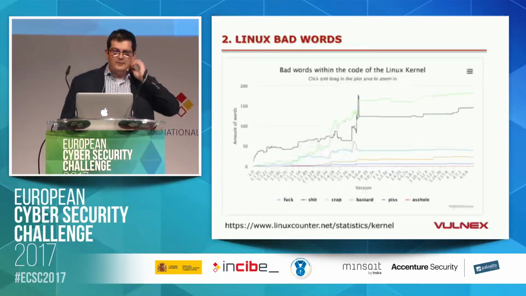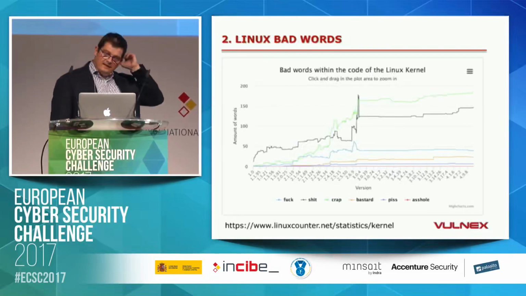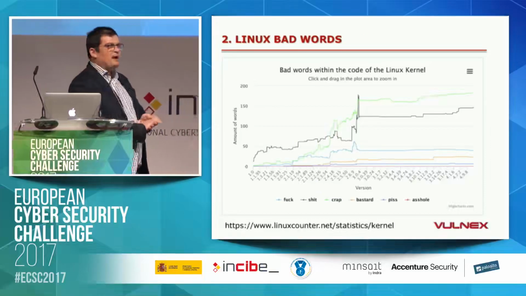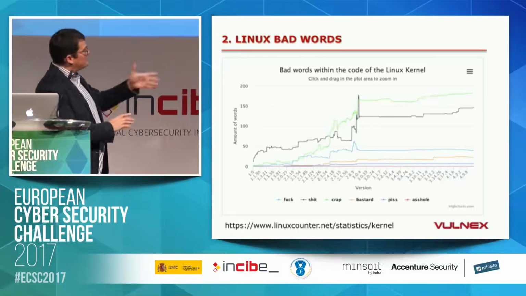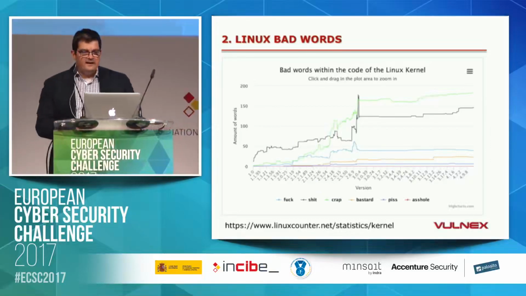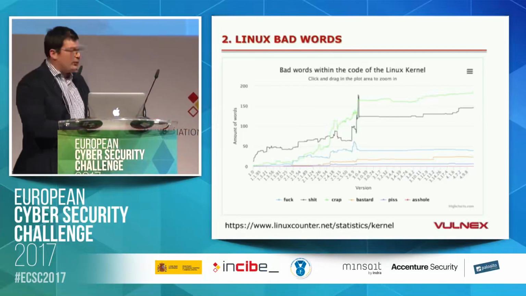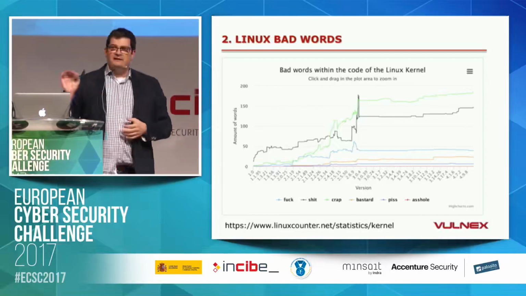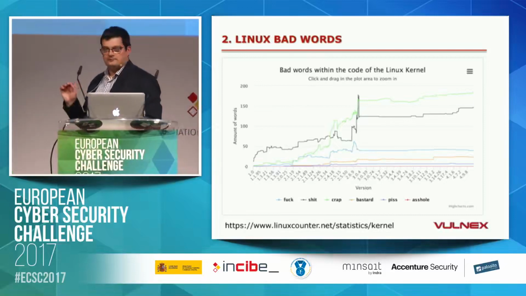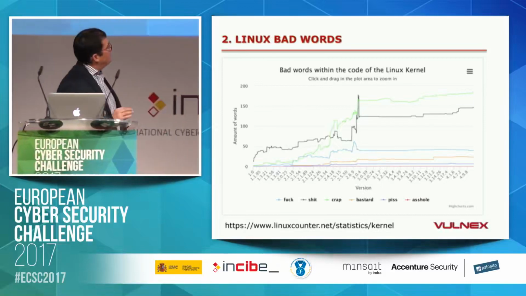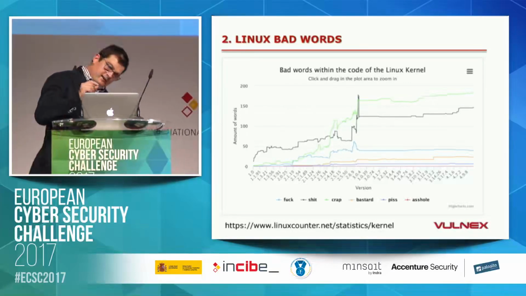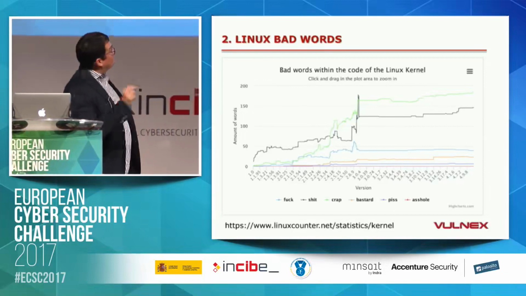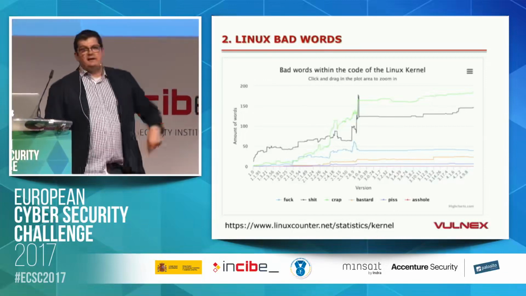So here we have an example. This is the Linux kernel, across all the different versions, showing what people are complaining about. If you look at the chart, you can see downstairs the different words, like f-word, s-word, crap, bastard, piss, and you can find these words in the source code. You can see, for example, between version 2.6.9 and 3.04, there was a lot of swearing there.